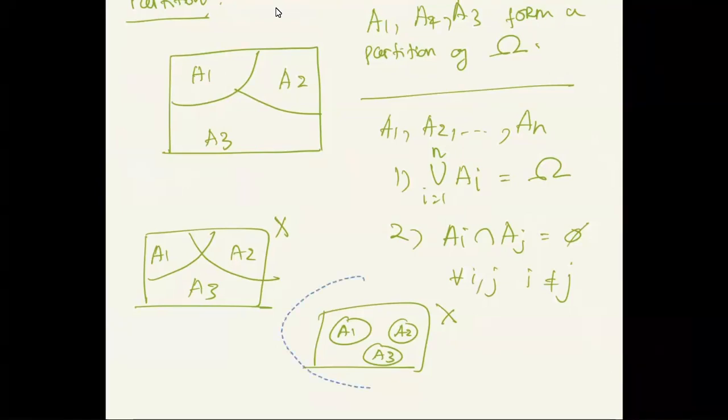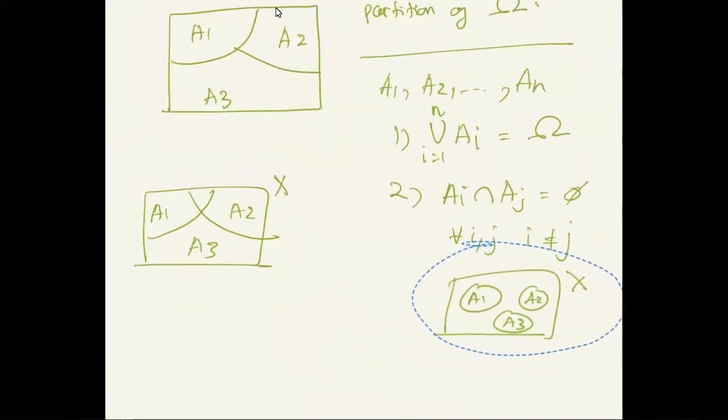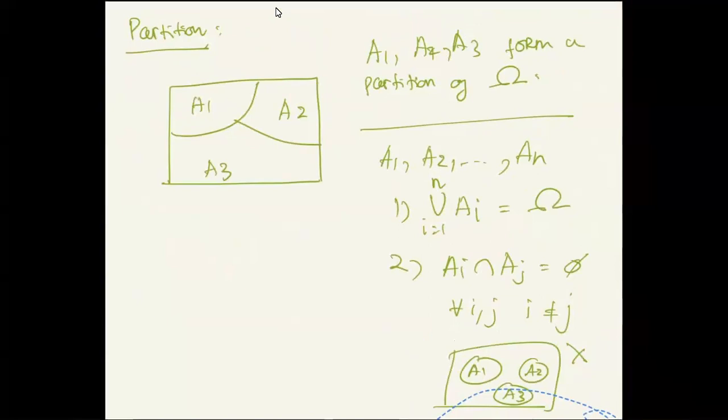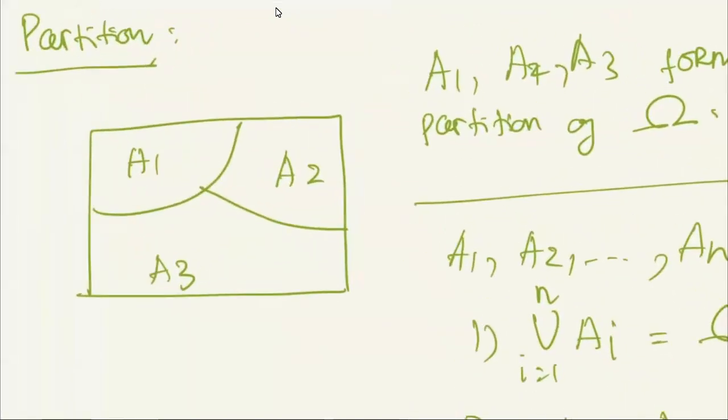Okay, and the reason why we want to talk about partition is because it makes our life really easy if you have a partition. Let's say you want to calculate the probability of B. This is a set B, right?